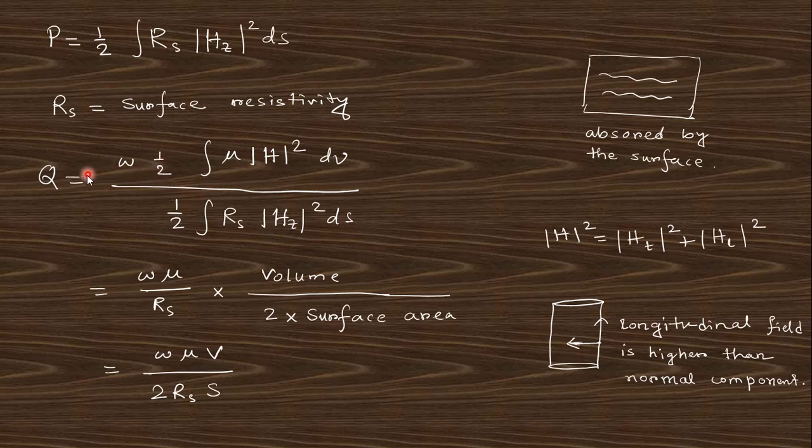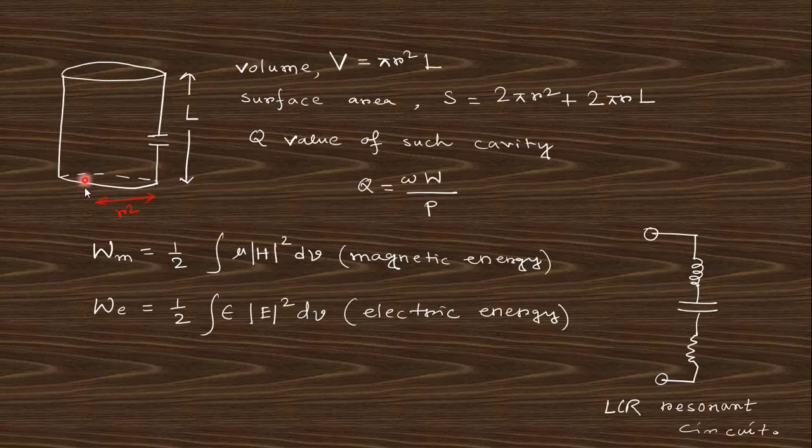If you put this into the expression of quality factor, omega W by P, then finally you get this expression: omega mu by Rs times volume by 2 into surface area. This is another expression for a single port cavity resonator.